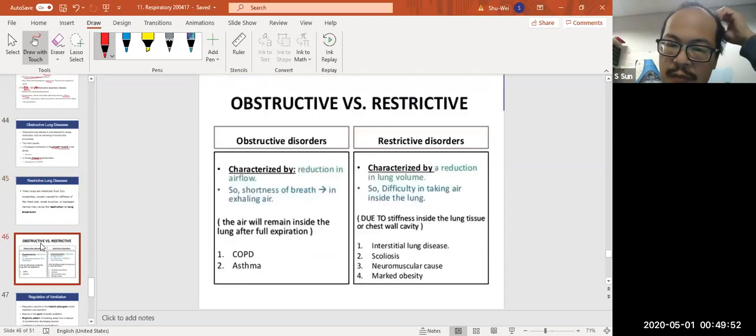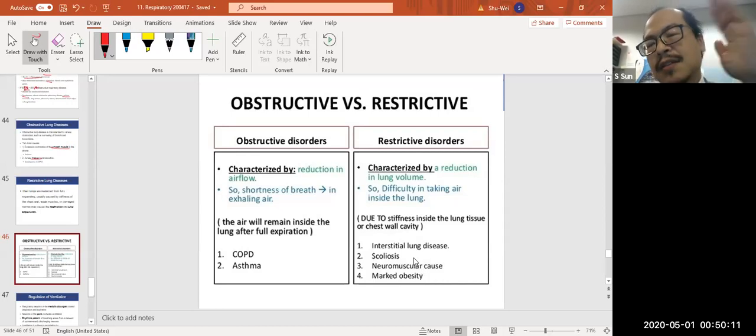And here are some examples of obstructive, like COPD and asthma, versus restrictive. Restrictive could be obesity or scoliosis, where the spinal cord is curved, or muscle disease, because when we expand our lung, we need to use the muscle.